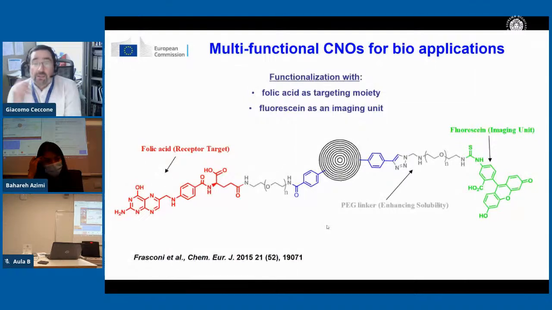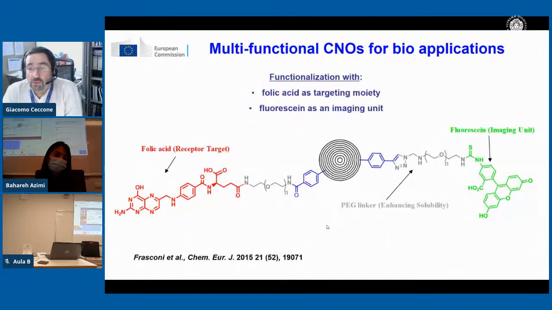The idea that came out from Silvia was essentially to double functionalize the carbon nano-onions using two types of functionalities. One, a fluorescein, as the imaging unit for detecting them in cells, and the other one, a folic acid, which is the receptor target that binds the folic receptor in the cell, which are essentially overexpressed by cancer. Most of the cancer cells are quite sensitive to this kind of folic acid.